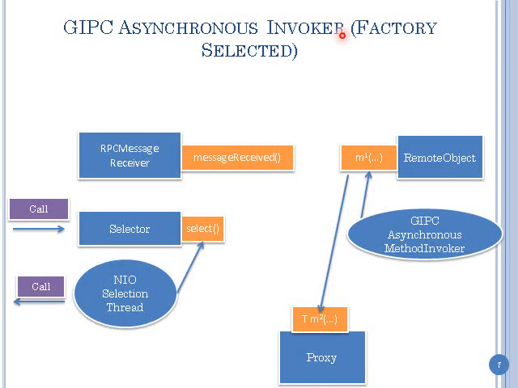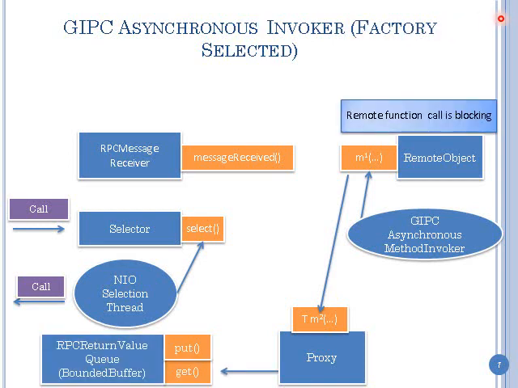So now the invoker will go and call. I think I changed my design, and this may be a little older slide. This will go and call the proxy method. Basically, the proxy method has to be called in a separate thread. That's the key, and I have to correct this diagram. And so it is this GIPC invoker that's blocking.